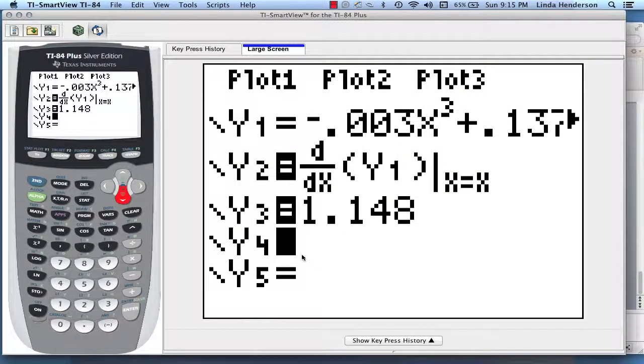So it looks like that. Now this is where we could take advantage of the fact that we know our y's don't have to go that high, because our intersection is only going to be at a y value of 1.148. We could go under our window and play with it from the last one.